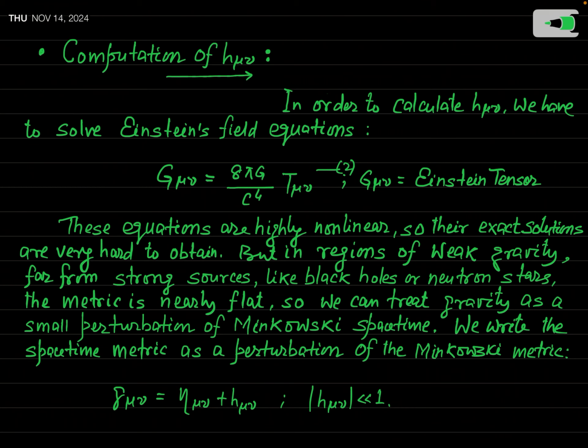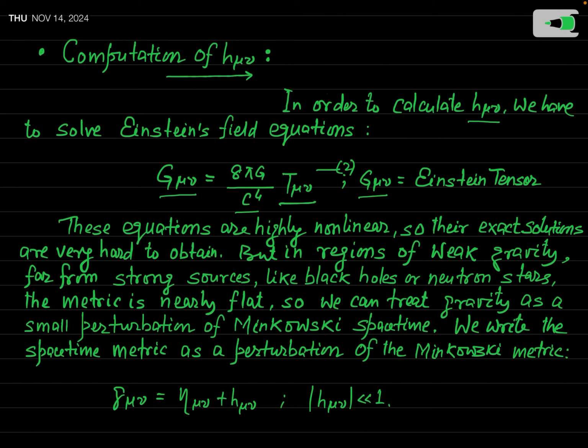And if your aim is to calculate this tensor h mu nu, definitely you have to solve Einstein's field equations. And what are Einstein's field equations? We have already discussed in great detail in our previous lectures. This is given as G mu nu equal to 8 pi G over c^4 times T mu nu, where G mu nu is the Einstein tensor, capital G on the RHS is the universal gravitational constant, c is the speed of light, and T mu nu is the energy stress tensor.